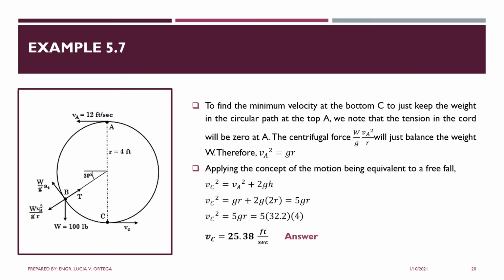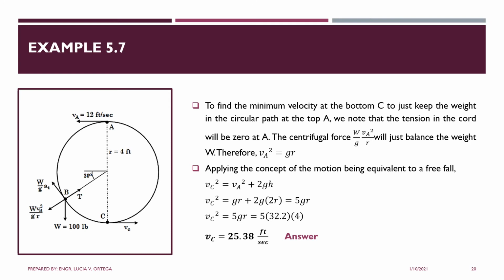Applying the concept of the motion being equivalent to free fall, from A to C the total vertical distance is equal to twice the radius. So V sub C squared equals V sub A squared plus 2gh. This is the equation for freely falling bodies.